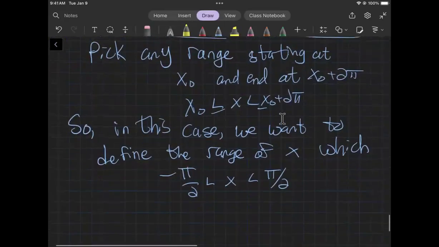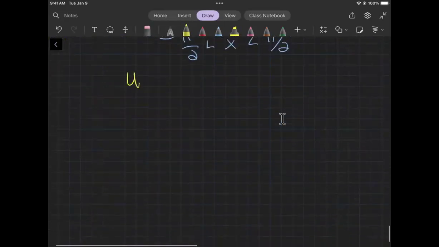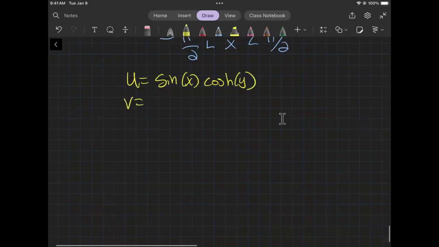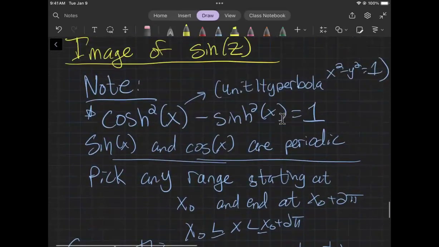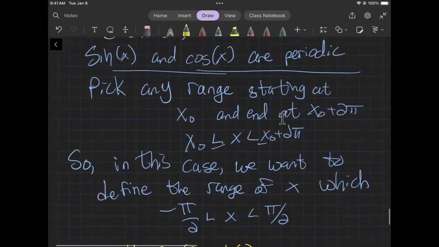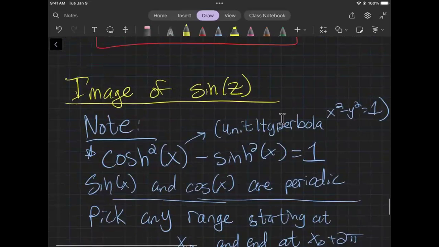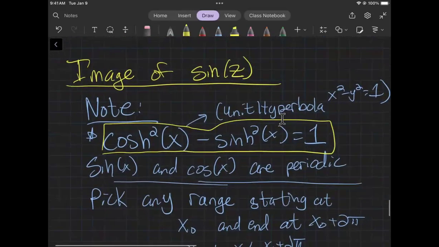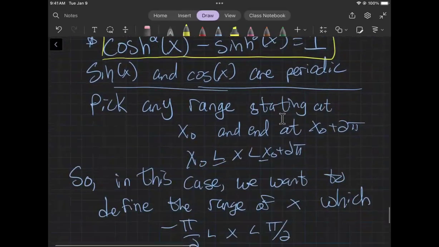We had u equals sine of x times hyperbolic cosine y, and v is equal to cosine x hyperbolic sine y. For this first set of images, we're going to use the trig equation for the hyperbolic trig functions.